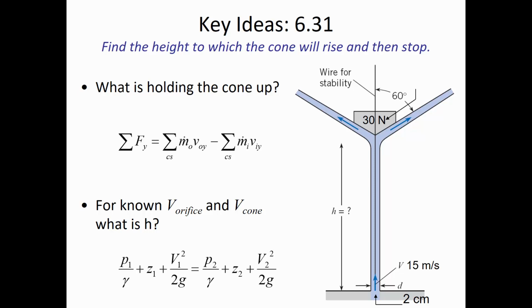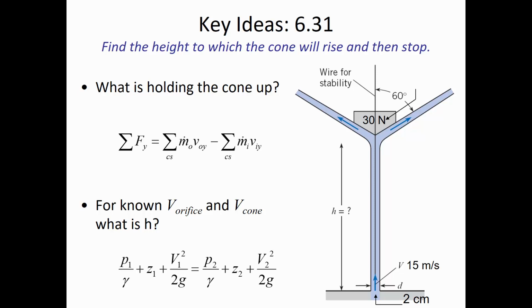So the flow rate out of this orifice is the same as the flow rate that's about to hit the cone. How is that possible if the velocities are different? Remember how we've said before, A1 V1 is equal to A2 V2?